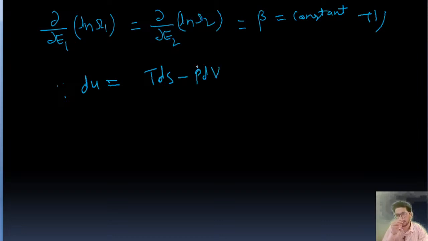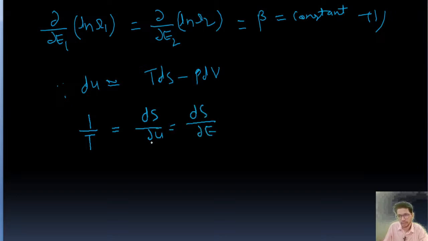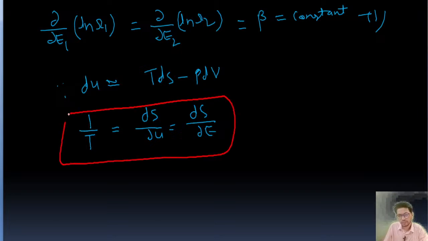TdS is δQ. So at constant volume, the PdV term is 0, and 1/T is going to be ∂S/∂U, and U is energy. So 1/T equals ∂S/∂E. This is an important one, equation number 2.